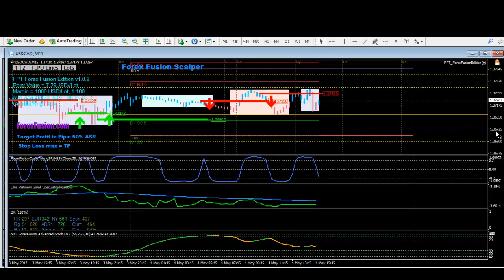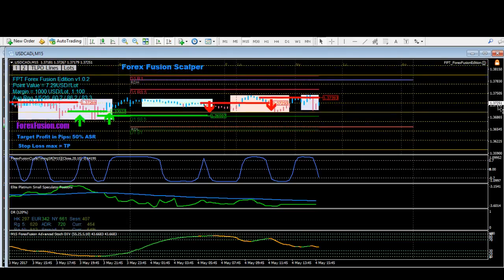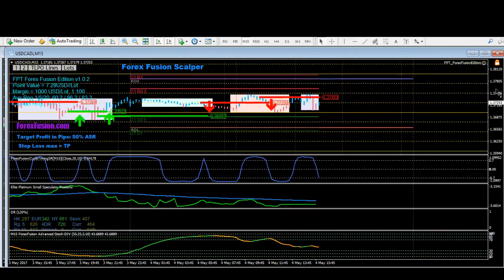Just getting back to the trade chart elements, you can see that we show the floor trader horizontal support and resistance lines. These are pretty standard. You can find these at a lot of different places. The floor trader pivot horizontal lines. We also have projected highs and lows.